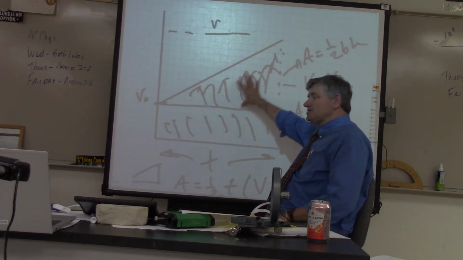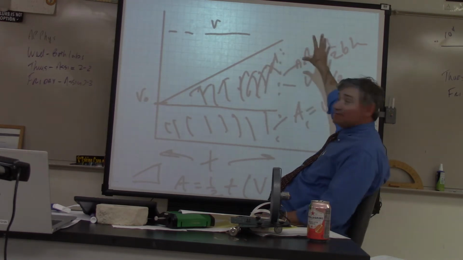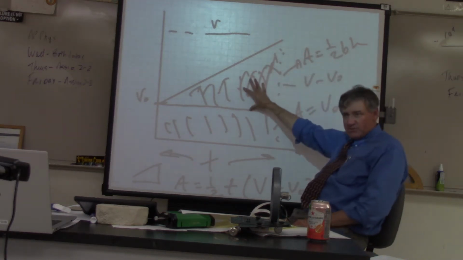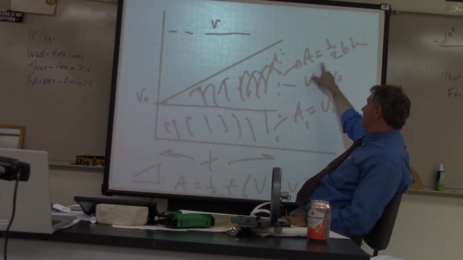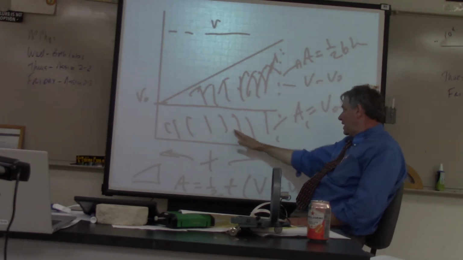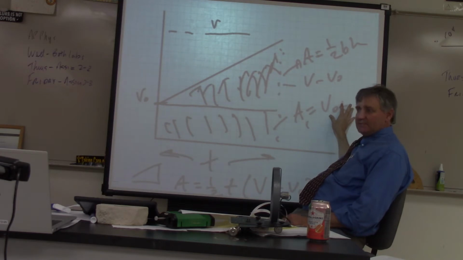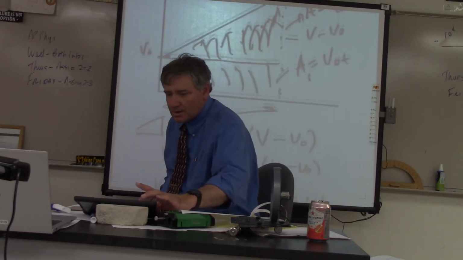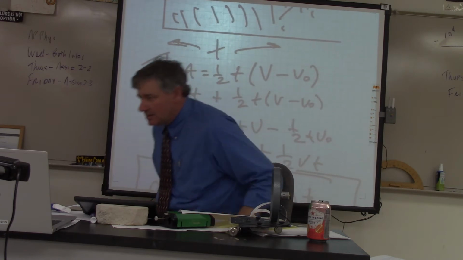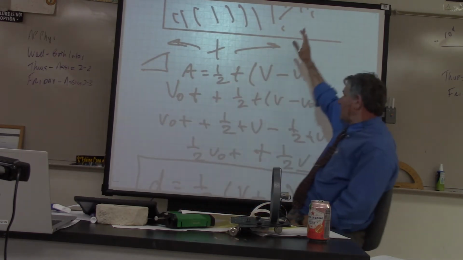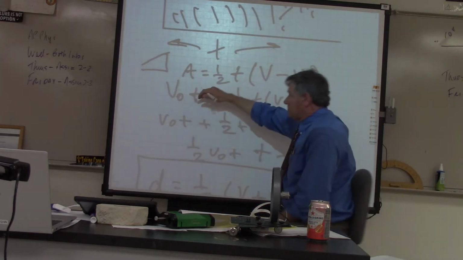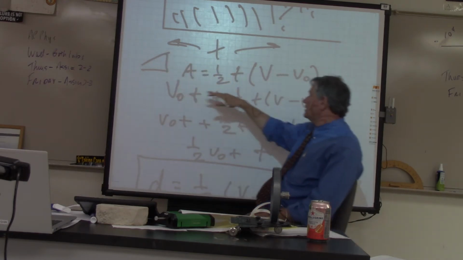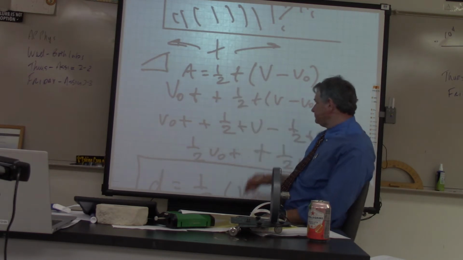So here's this big graph. This is going to save me some time, actually. The top half of this is going to be a triangle, 1/2 base times height. The bottom half is going to be V naught T. So the top half of that triangle is going to be my final velocity minus my initial velocity multiplied by time.